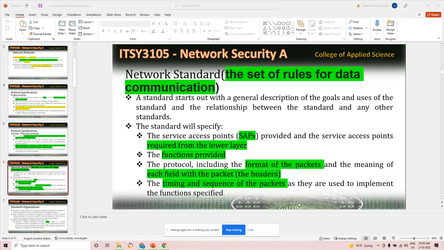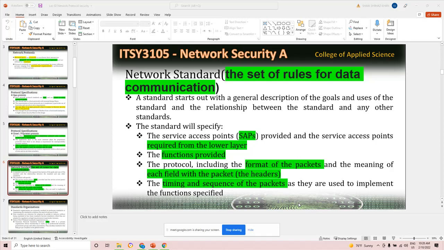Let us see. The first point is, you have many network layers, understand? So these standards will specify what service access point each layer has to provide.